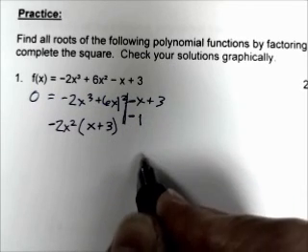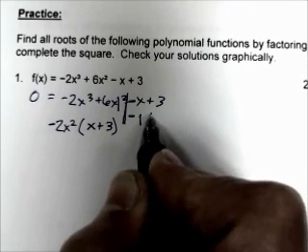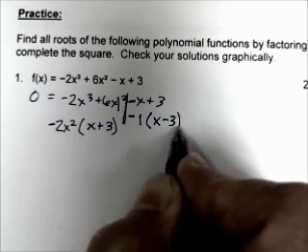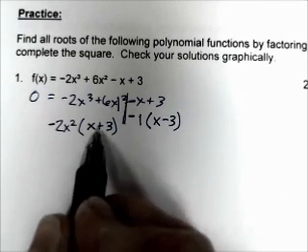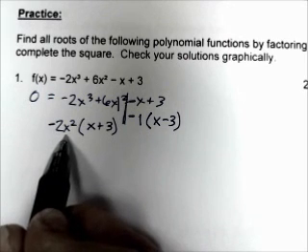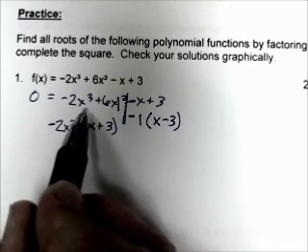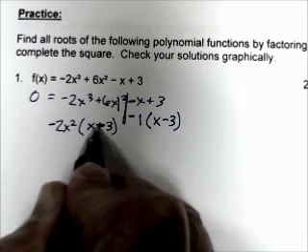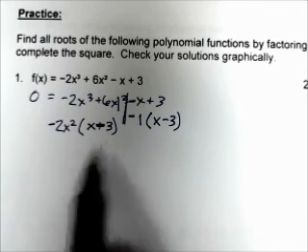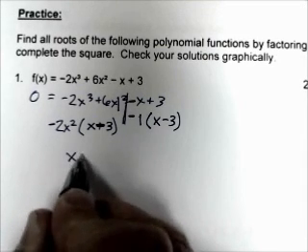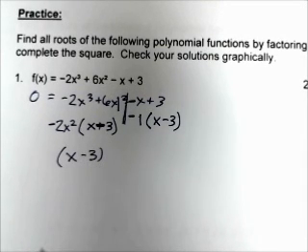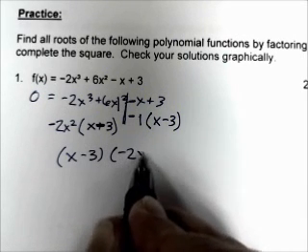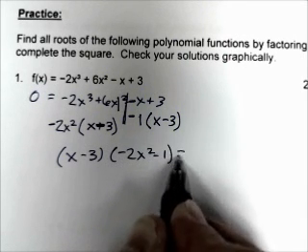I'm actually factoring out negative 1, so I'll have x minus 3. And hopefully you caught me. If I take out negative 2x squared from negative 2x to the third plus 6x, that'll leave me with an x minus 3. Yes, now that's correct. And these match as they should. So x minus 3 is one factor, and what's left outside, negative 2x squared minus 1, is the other factor.